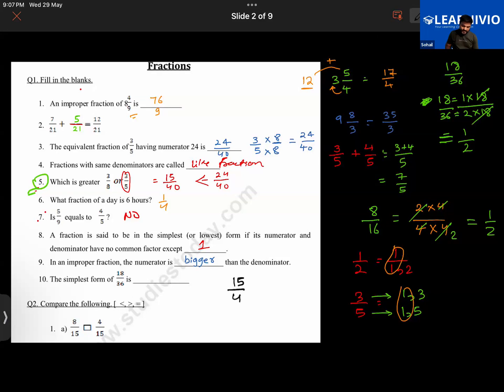Convert 15 upon 45 into its simplest form. Done?